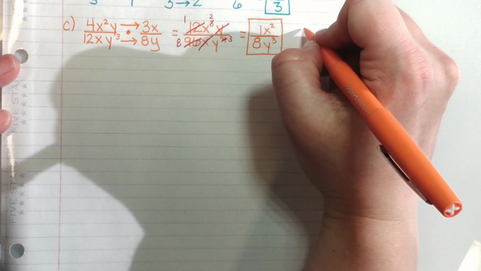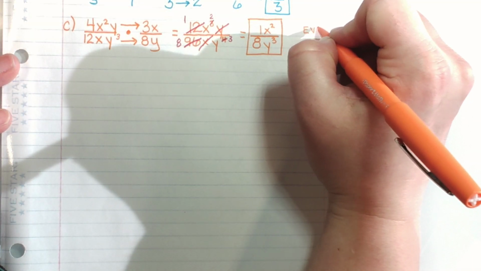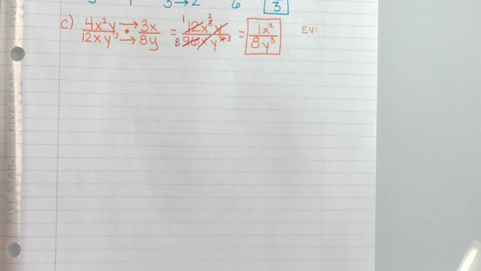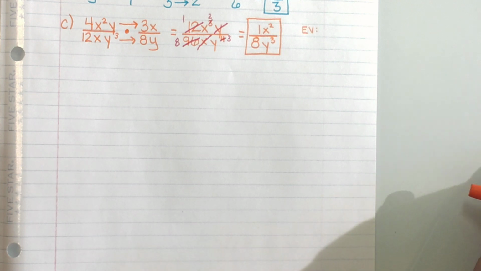Now, my instructions don't say find the excluded values. Technically, neither did your homework yesterday, because it's technically considered a part of simplifying. To find excluded values, you set denominators equal to 0. You set anything that ever ends up in the denominator equal to 0.